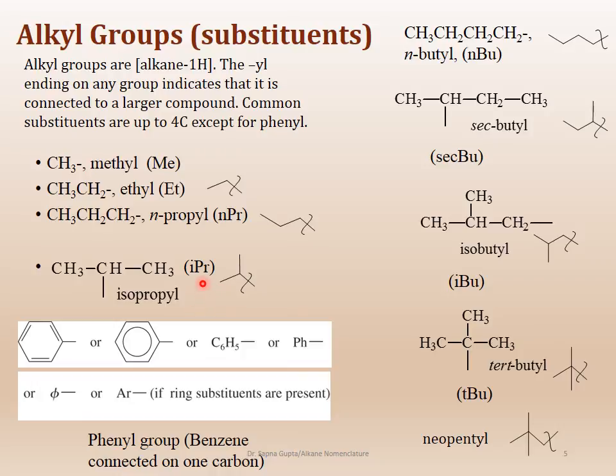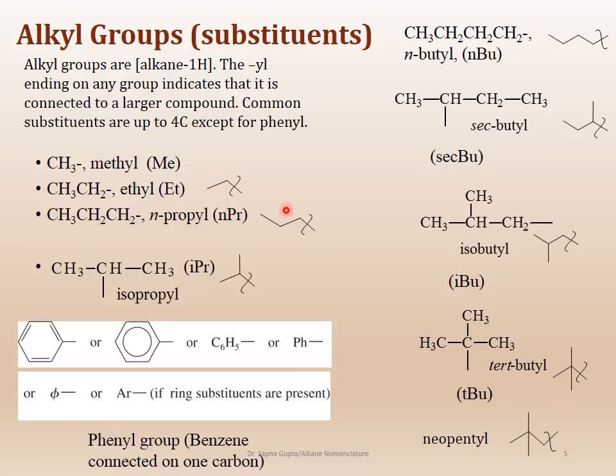But we have to give different names to these. The first one, which is a straight chain, is called the n-propyl, normal propyl. And the one that is connected at the second carbon is called isopropyl. The short forms of these are nPr and iPr. The i here is small case because that only shows how the linkage is. The actual group is Pr, the propyl group.